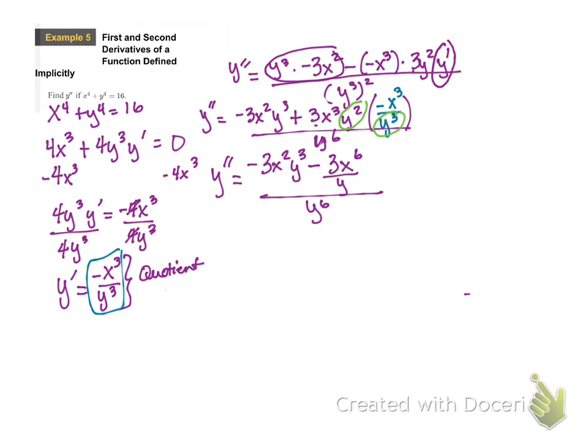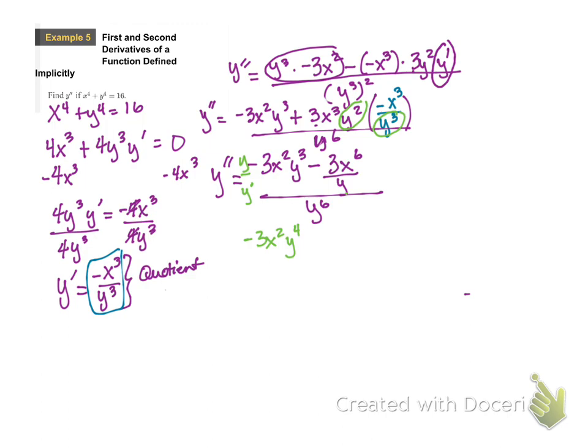This is a complex fraction, and I can't subtract on the top without having a common denominator. This guy has a y on the bottom. Multiply the first one by y over y. Are we seeing that? So what does that do to the top? Negative 3x squared y to the fourth.